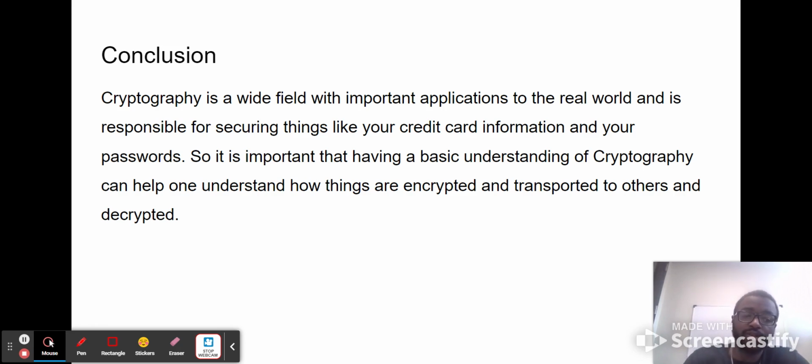It's responsible for securing things like your credit card information and passwords and usernames, etc. So it's important that having a basic understanding of cryptography can help one understand how things are encrypted, transported to others, and decrypted. Cryptography is a wonderful field. It's a very interesting field. And there's so much that goes into it that it's almost endless. It's almost an endless field that will never stop growing.